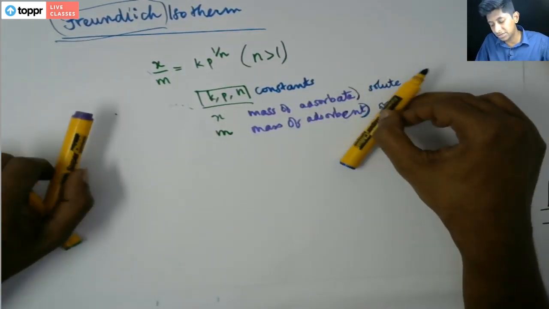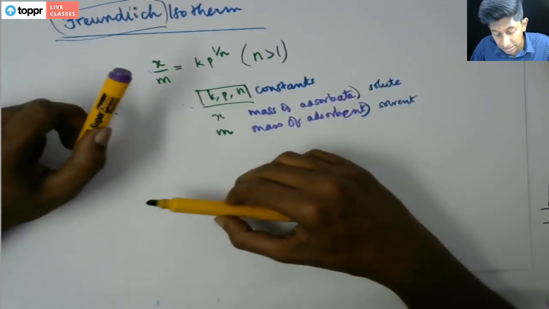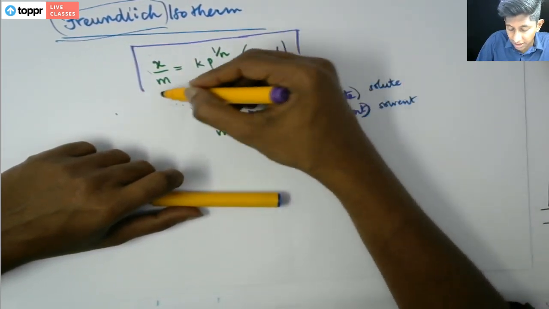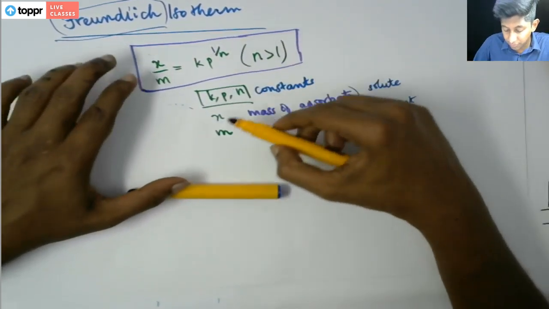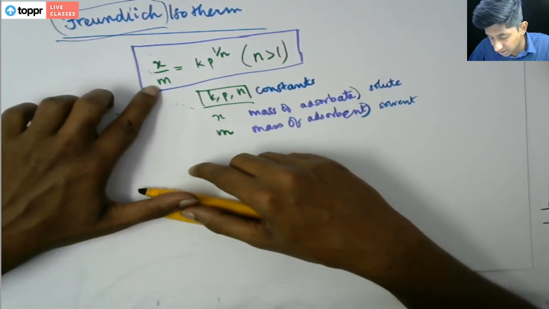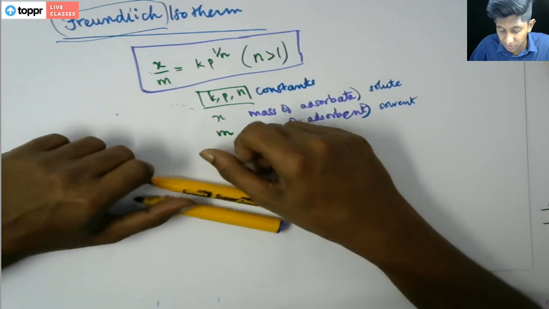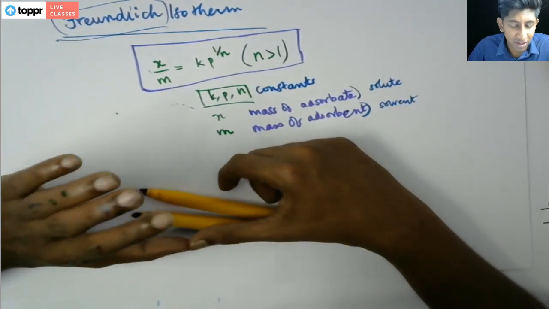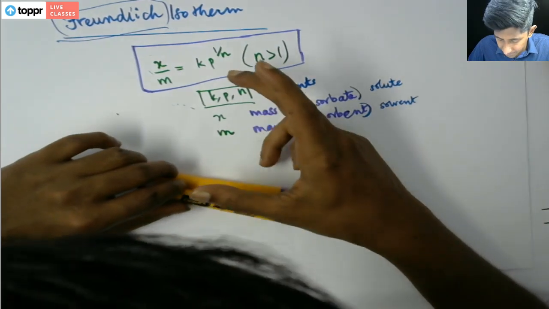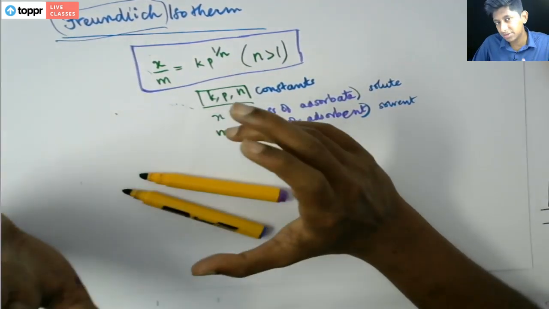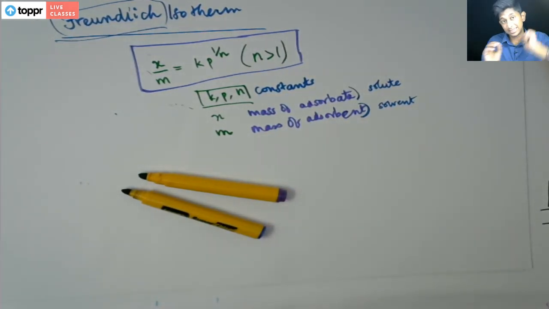So this is the Freundlich isotherm equation. What it says is that the extent of adsorption, the mass of adsorbate adsorbed per mass of adsorbent, is equal to k p power 1 by n, where k, p and n are all constants. p is not pressure, that's not the case. It's a constant in this case. Okay.